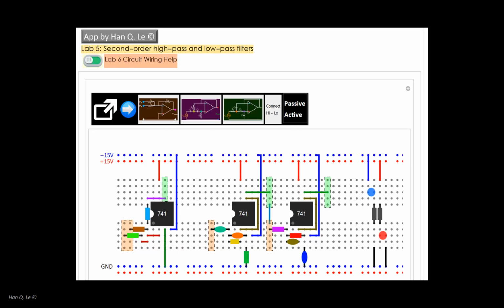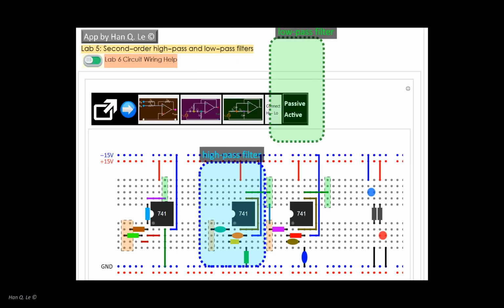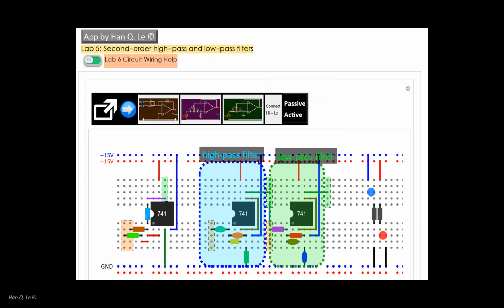The Wiring Help app provides step-by-step instructions for the high-pass and low-pass circuits.